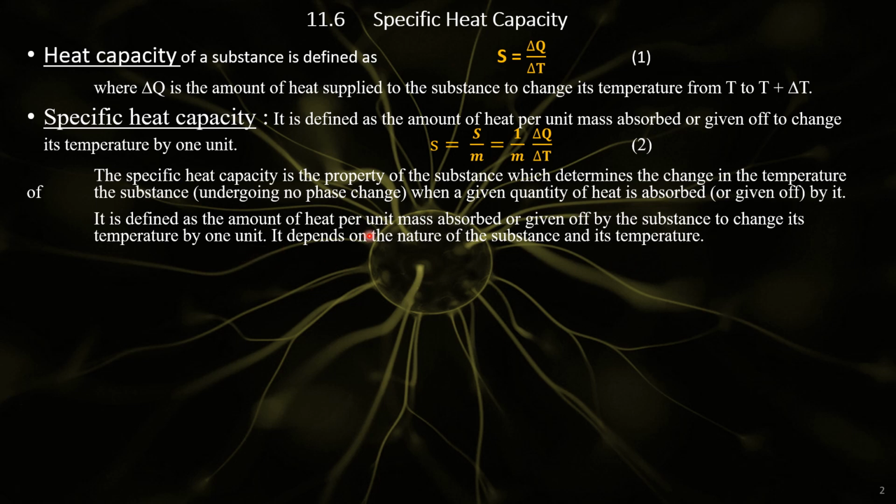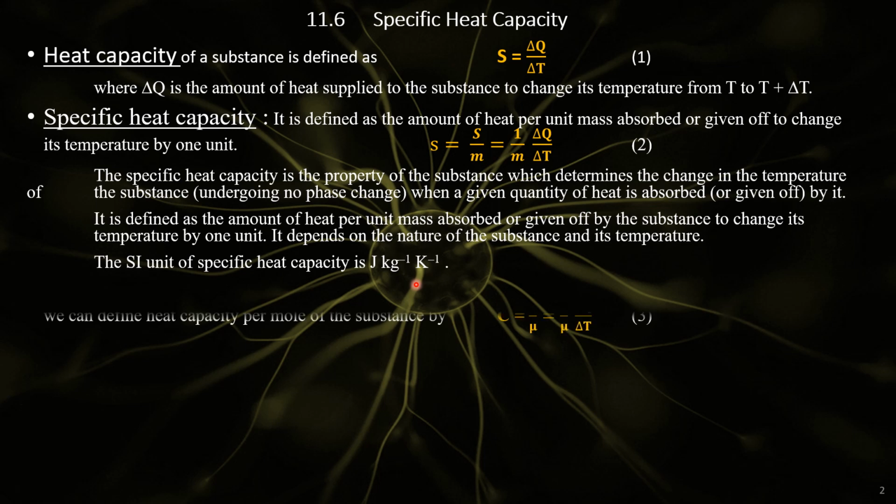So here in equation 2, if you put m is equal to 1 and delta T is equal to 1, then specific heat per unit mass is defined, is the quantity of heat. It depends on the nature of the substance and its temperature. The SI unit of specific heat capacity is joules per kg per Kelvin.